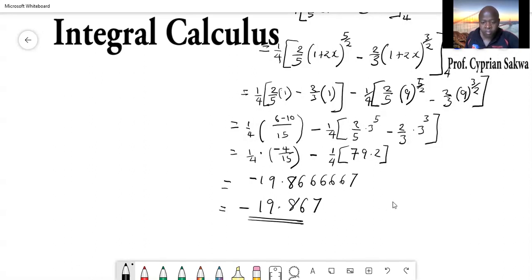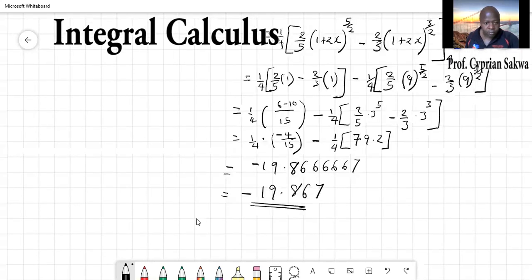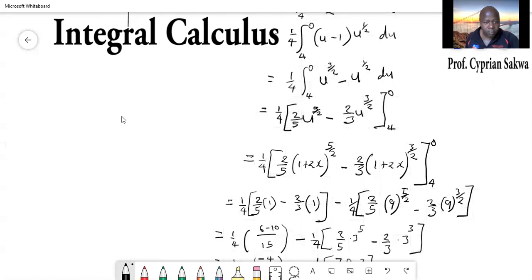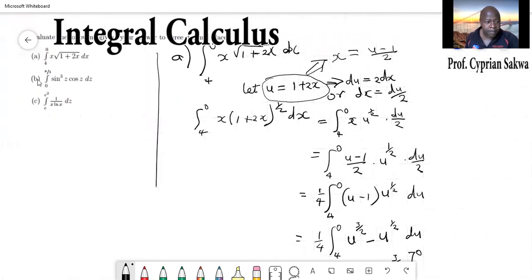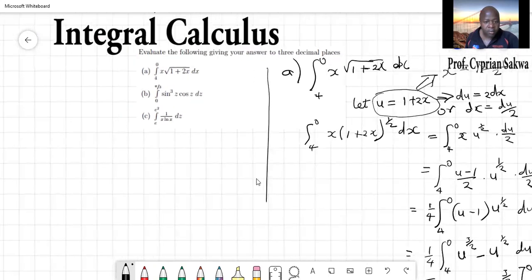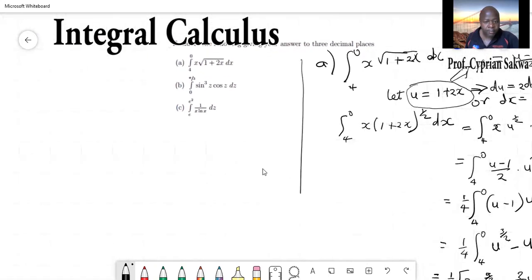Let's see what part B required us to do, and then do it. Part B was the integral, so you can just do it somewhere here.